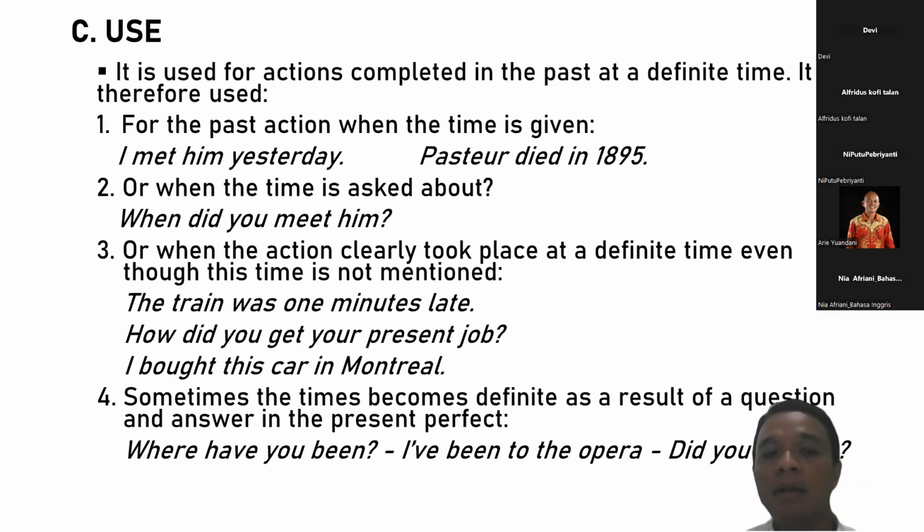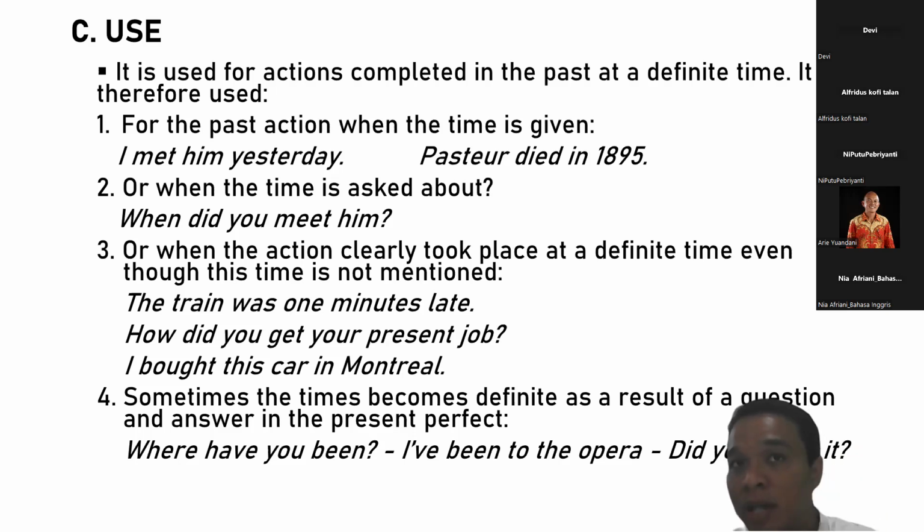The second one is when the time is asked about. For example, when did you meet him? I met him yesterday, not meet. When you want to answer the question in the simple past tense, meet must be changed to met.